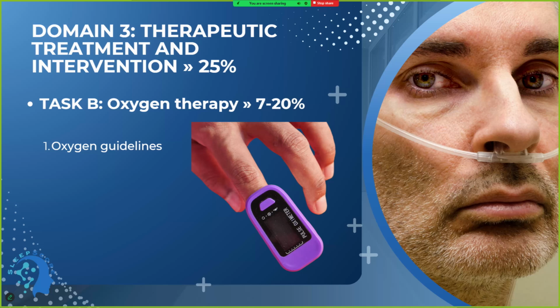Normally we start the patient from 0.5 liters of oxygen, then we go from 1 to 2, 2 to 3, 3 to 4, and most of the time we don't go over 4, but it depends on what your sleep lab protocol tells you. It is one page. It's very simple. So out of 25%, 7 to 20% of the questions will come from this for Domain 3.